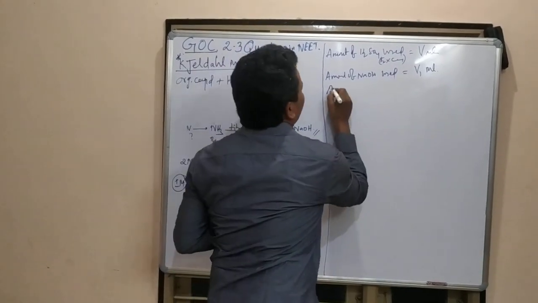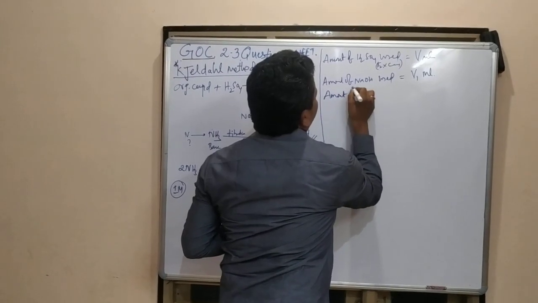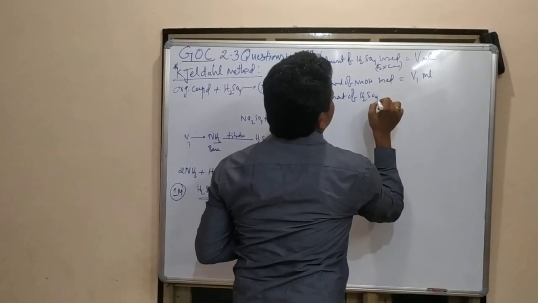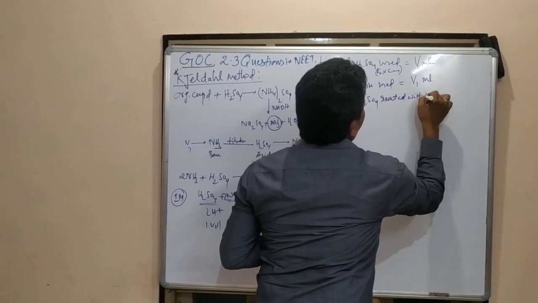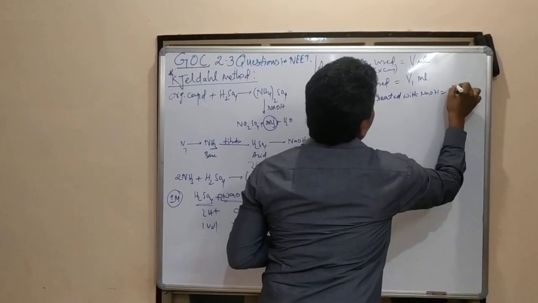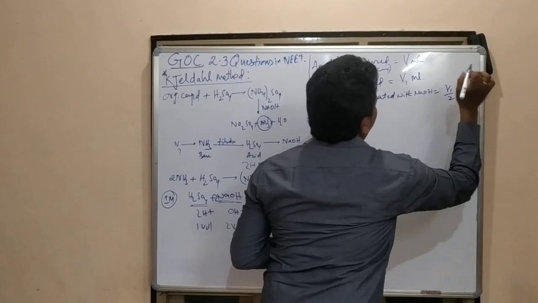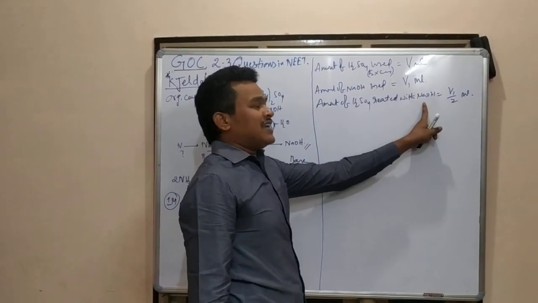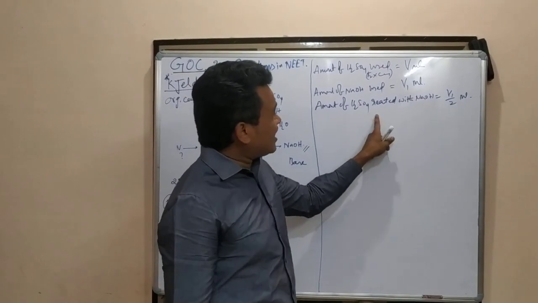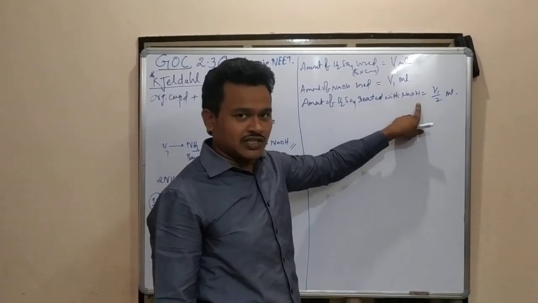So amount of H2SO4 reacted with NaOH: how much? V1 by 2 ml. Correct? V1 by 2 ml. This much reacted with NaOH.